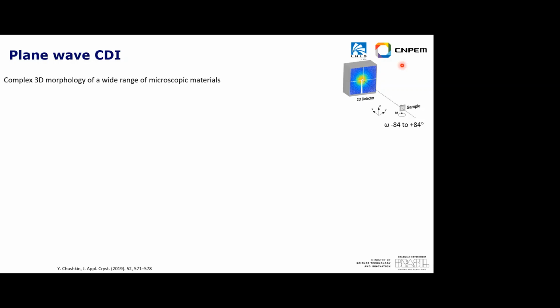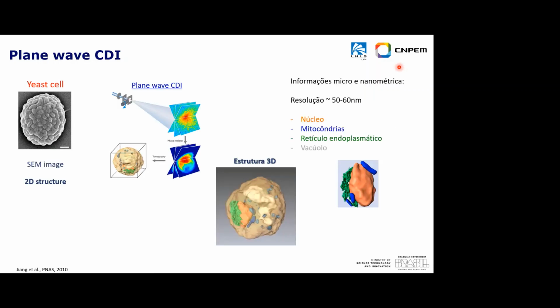They use it a lot, not a lot, because all these techniques that I show, XPCS, CDI, need a coherent beam, and the coherence is increased a lot with the 4th generation synchrotron. These techniques were performed before in the 3rd generation synchrotron, but they're developing more and more with these new sources, with the increasing coherence.